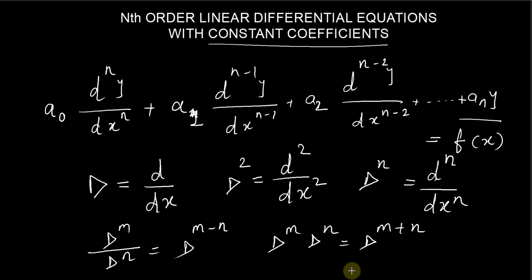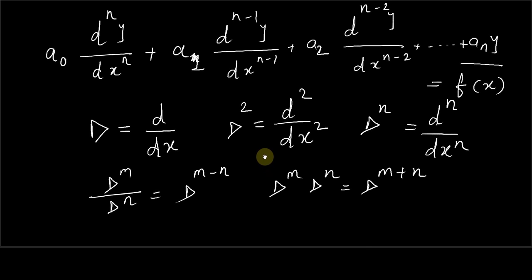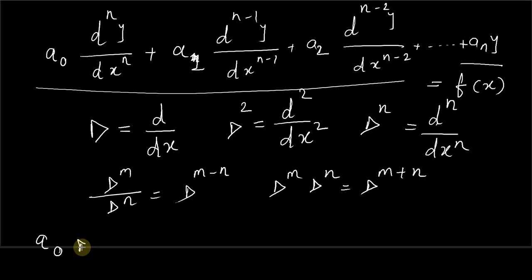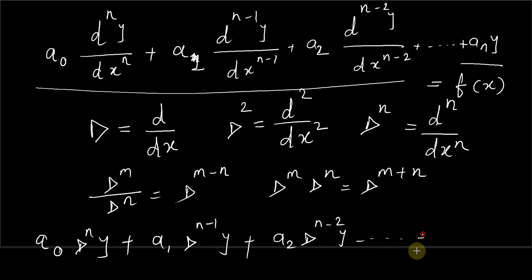So let's write this nth order equation using operator D. In the first term, we have nth order derivative operating on y. Second term, n minus 1 order derivative. Third term, n minus 2, and so on.